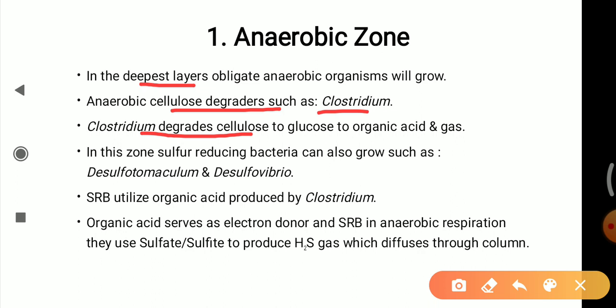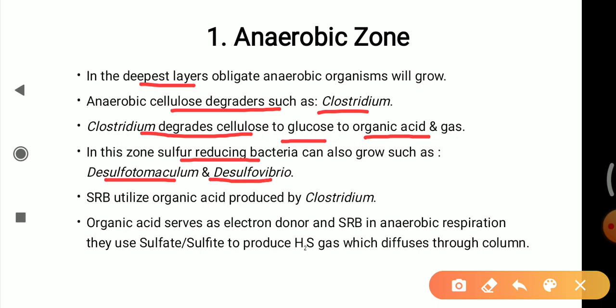The cellulose breaks down into glucose, and by fermenting glucose they produce organic acids and gas. In this zone, sulfur-reducing bacteria can also grow, for example Desulfotomaculum and Desulfovibrio.